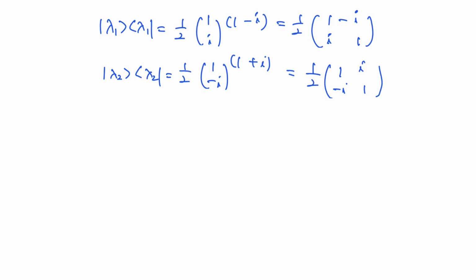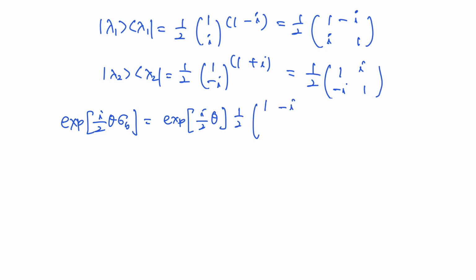So, using this property, we can calculate exponential i over 2 theta sigma y as the sum over eigenvalues: exponential i theta over 2 times 1 half, 1 minus i 1, plus exponential minus i theta over 2 times 1 half, 1 i minus i 1.